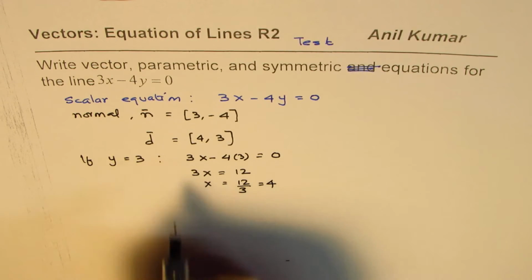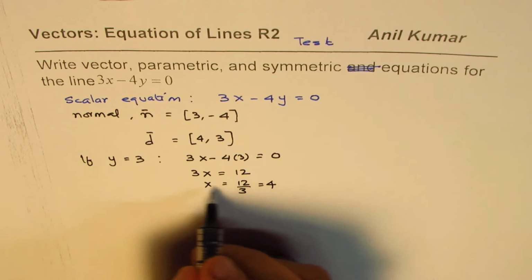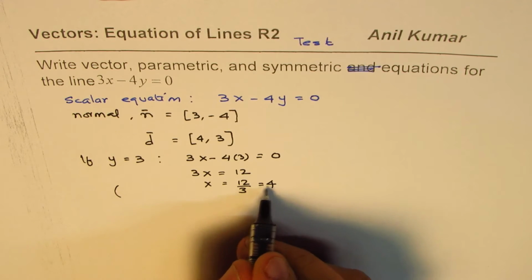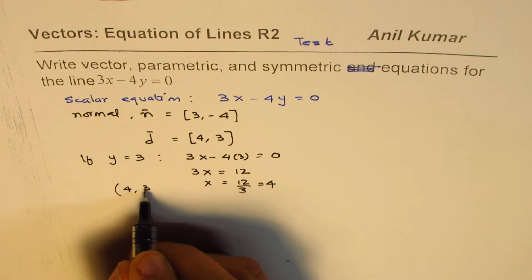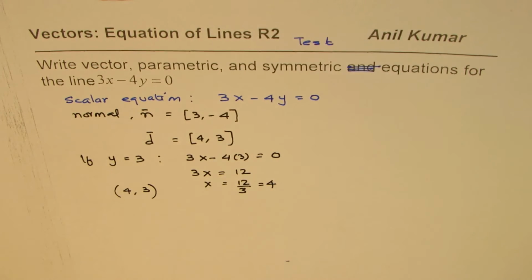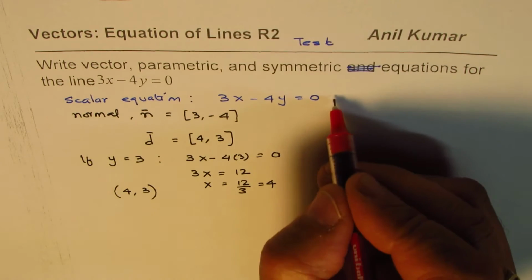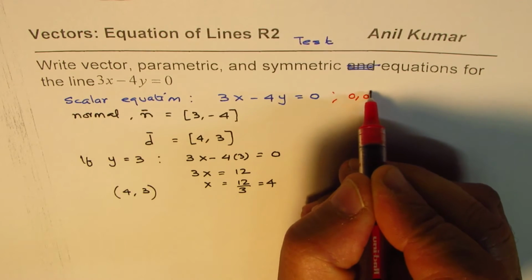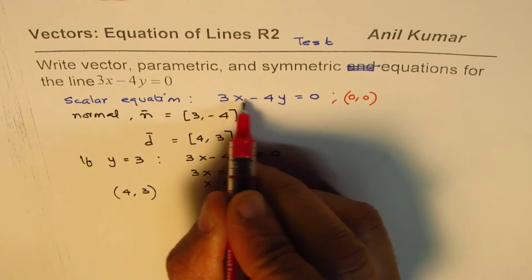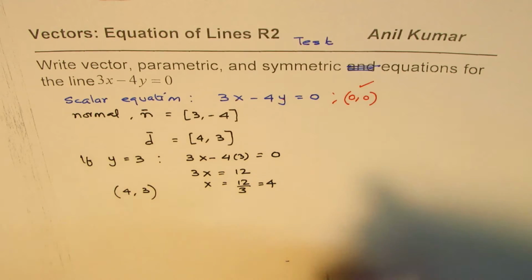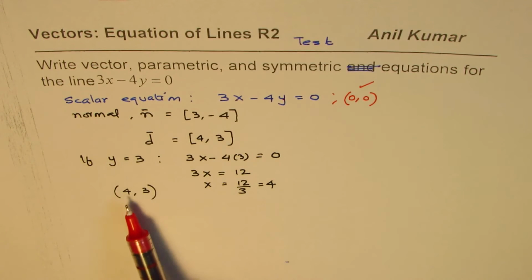So you get your point. Let's call this point x value of 4, y of 3, right? But in any case, I would have definitely used point (0, 0) in my calculations, since if I write 0 here, I get 0. So that is the origin. So I will use this point. But as an alternate, I'm using that point.